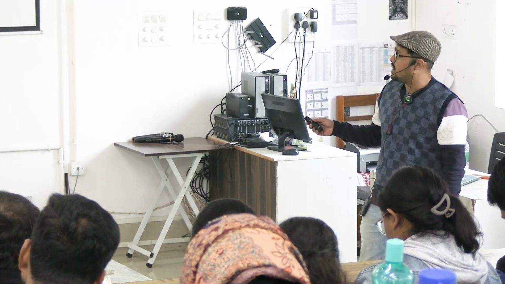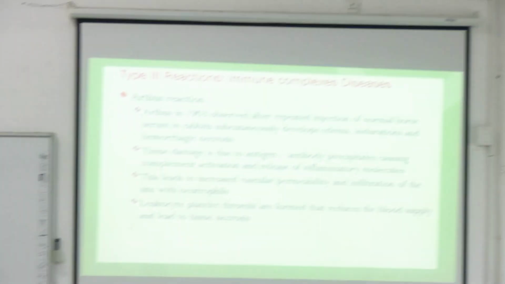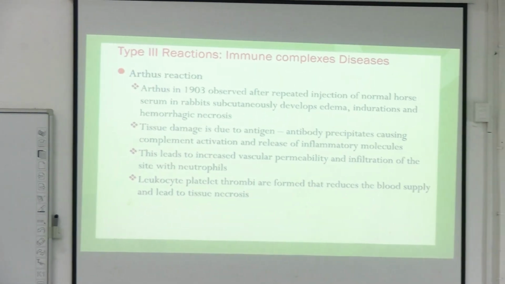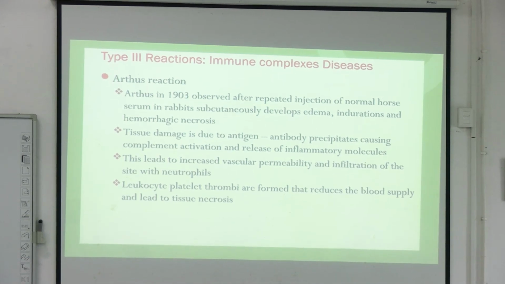Type 3 hypersensitivity: Arthus reaction, serum sickness. These are all historical, they don't happen now. Now when we give vaccines, most vaccines are monovalent. In the initial days of discovery, most vaccines were polyvalent. What does valency mean? From the knowledge of chemistry, multiple attachment, multiple compatibility.